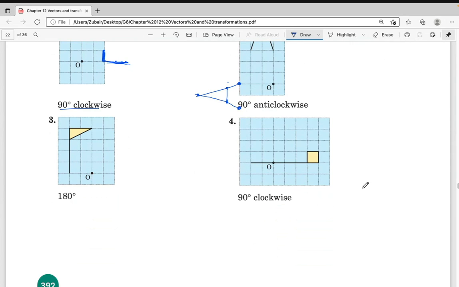I'm doing question 4 first, that is 90. I'll come to question 3 later. Now see clockwise. So we move this direction and wherever it is, I am now talking about this extreme point. So this is one, two, three, 4 units to right. So it becomes one, two, three, 4 units below this point.